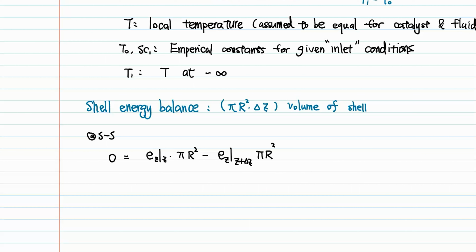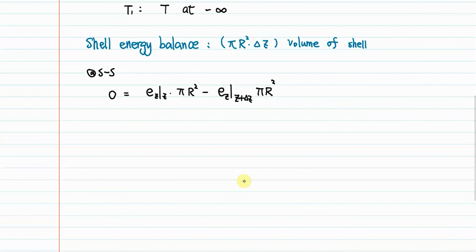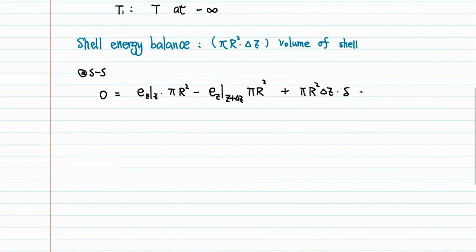But now we do have a generation term, the generation of energy from the chemical reaction. So we add the volume of our shell times the energy term from the chemical heat source, S_C, which was defined previously. Again, this is in minus out, and this is generation by chemical reaction.